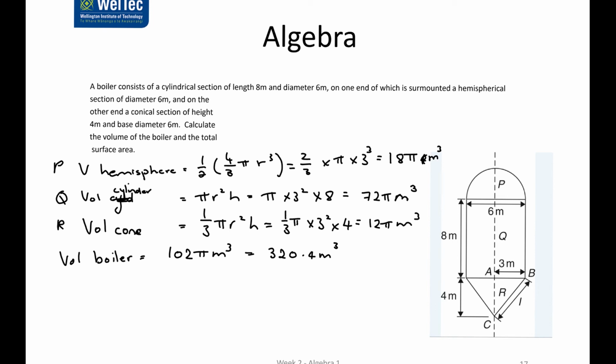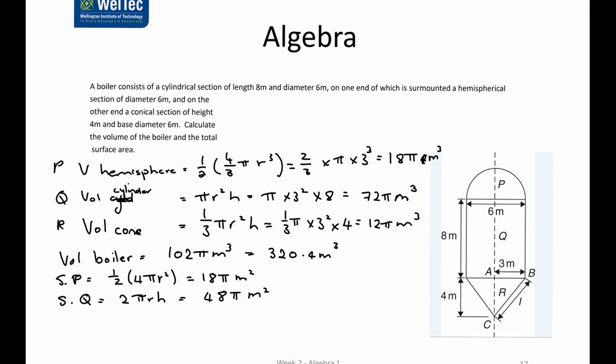So the surface area of P is going to be 1/2 times 4 pi r squared, which would be 18 pi square meters. The surface area of Q would be 2 pi r h, and that's 48 pi.